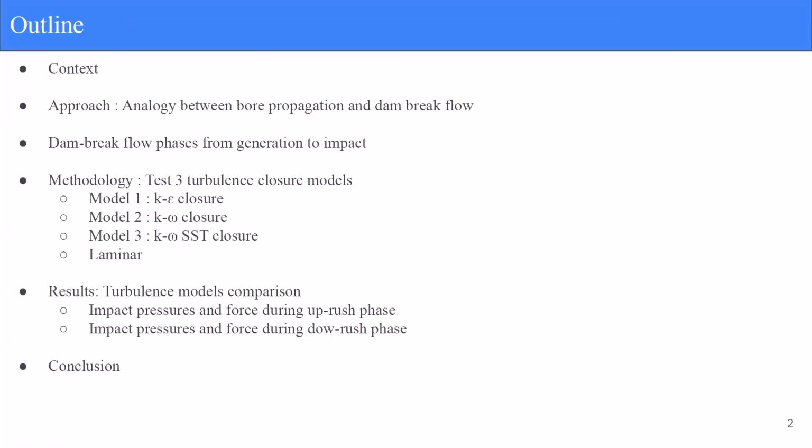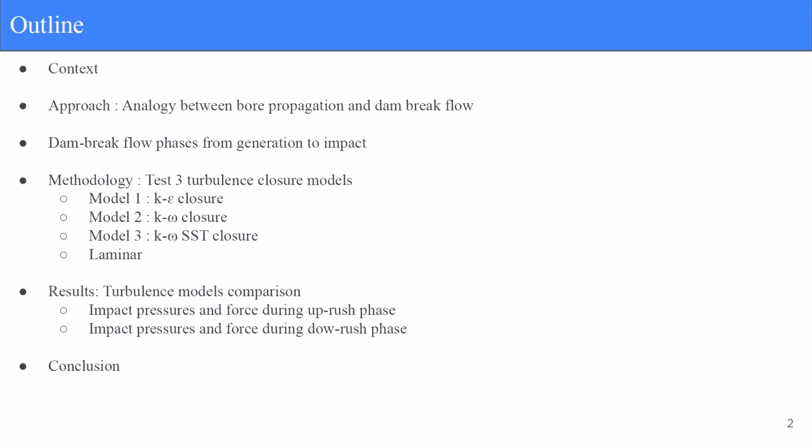So just to show you the outline of my work as displayed here, I will start with the context, then with the approach, speaking about the analogy between bore propagation and dam break flow, then showing the different phases of dam break from generation to impact, testing the sensitivity of impact parameters like force and pressure, for example, to turbulence models, K epsilon, K omega, and K omega SST.